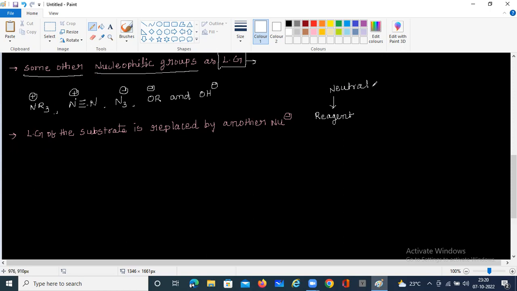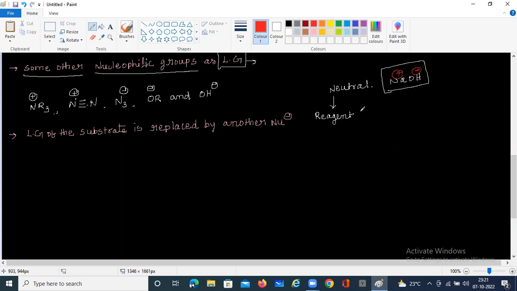If it is neutral, for example if NaOH is taken, it is a neutral reagent. Then we can separate it as Na plus and OH minus. This one is the nucleophile, this one is the electrophile, but basically it is neutral.